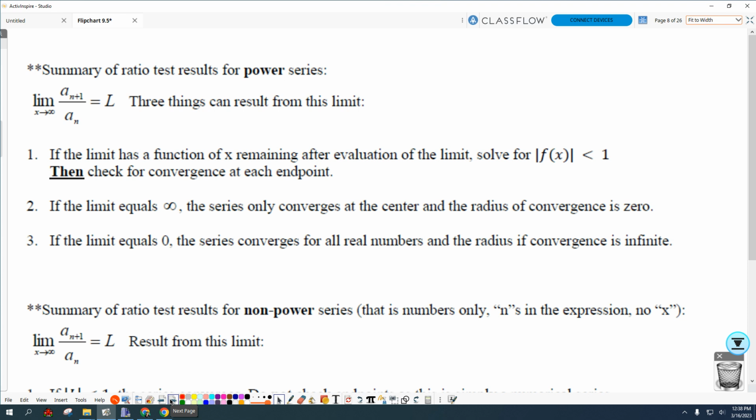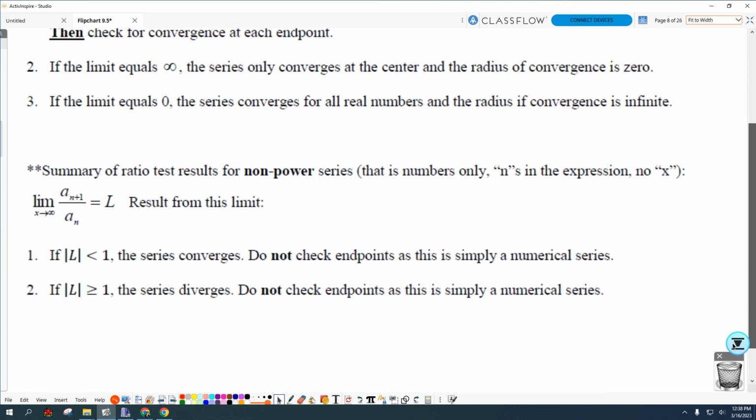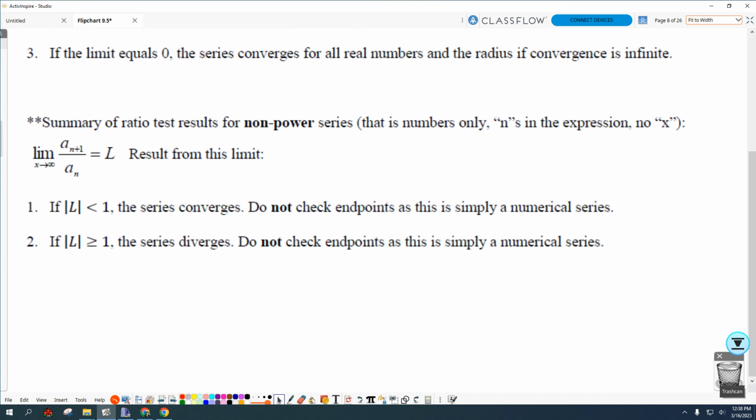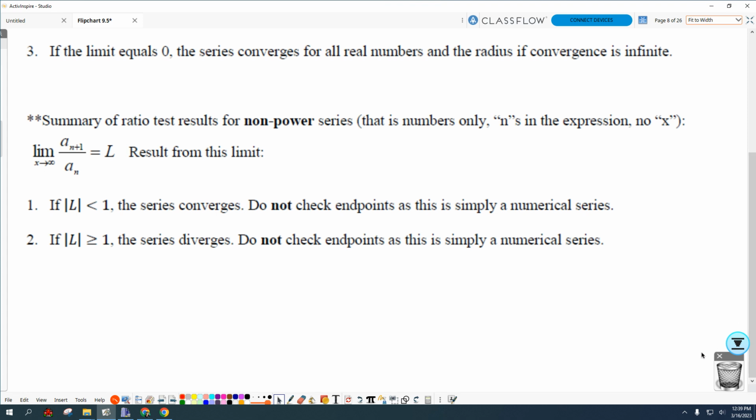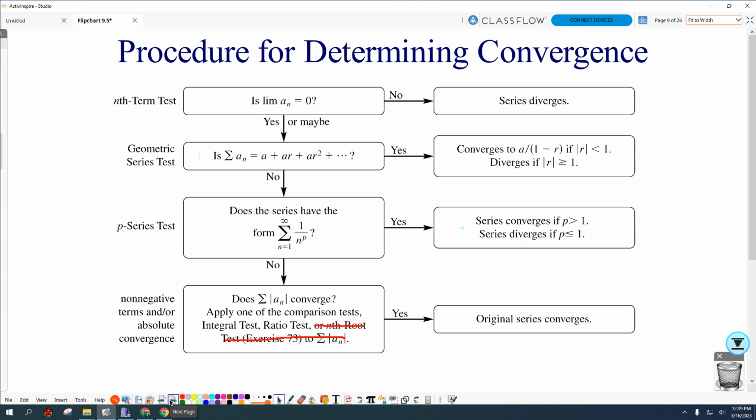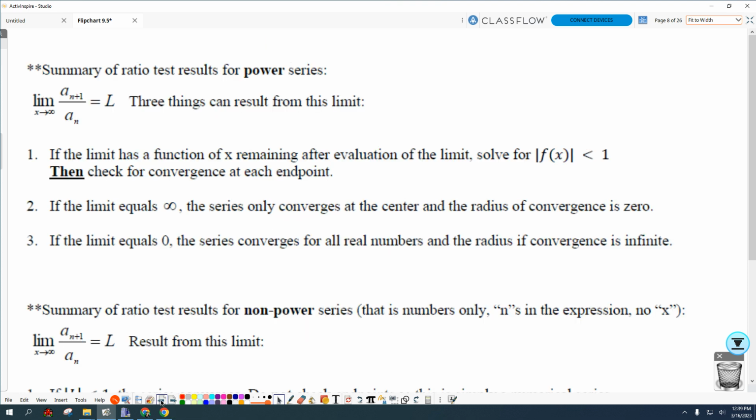The stuff on the back page is just summarizing everything. And that is 9.5. Test is Tuesday.